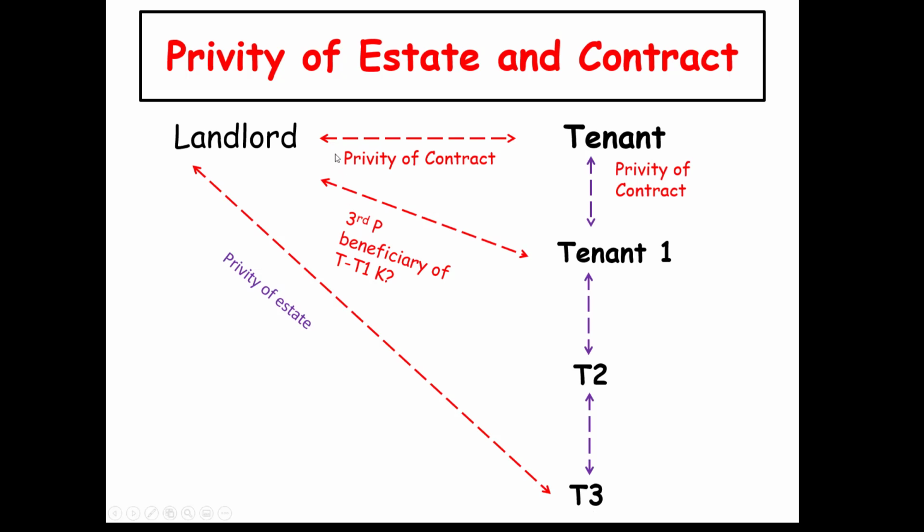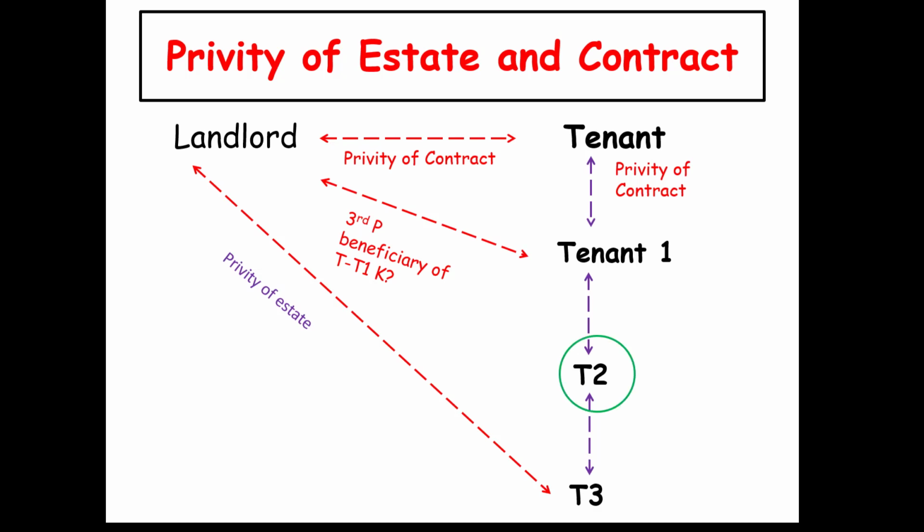So the landlord is still in privity of contract with the original tenant and has a third-party beneficiary claim against tenant one, T1, because of the term that was included in the contract between the original tenant and T1. Notice here, the landlord has arrows going to the original tenant based on privity of contract, to T1 with an argument as a third-party beneficiary of the lease between the tenant and T1, and has privity of estate with T3 because T3 is the tenant in possession at the time that the default occurs.